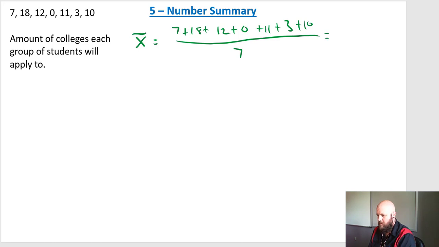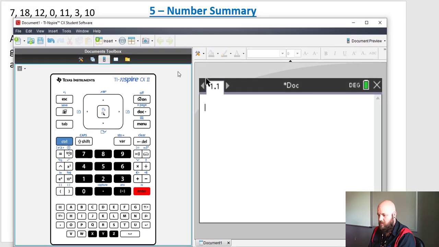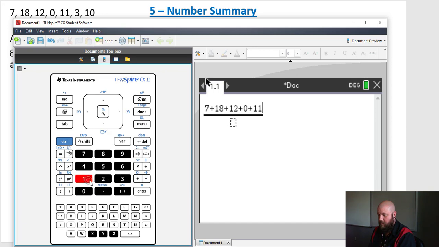So, enter it in the calculator, just so I can see those numbers a little bit better. And say we've got 7, 18, 12, 0, 11, 3 plus 10.